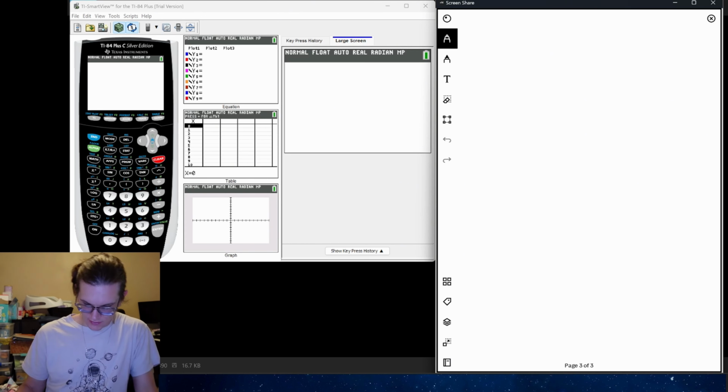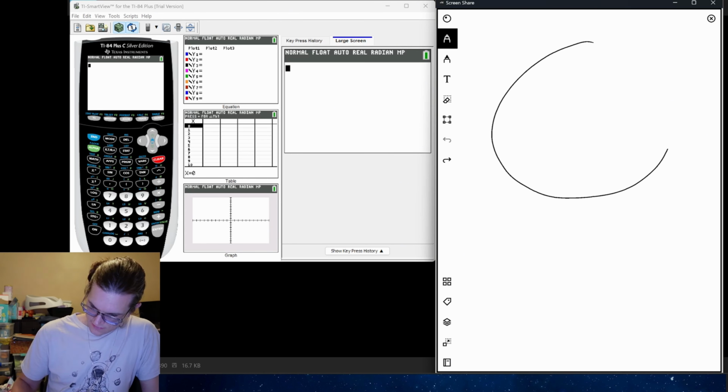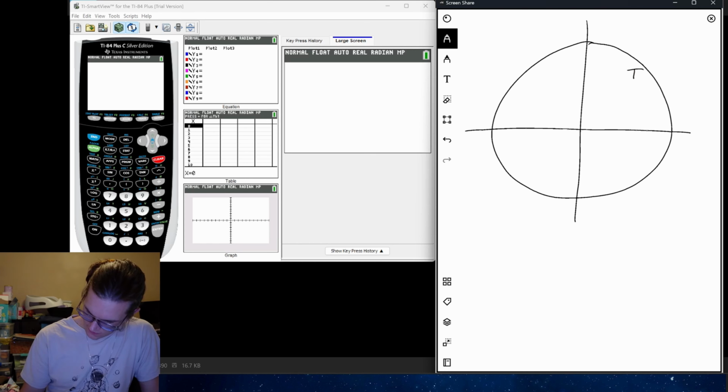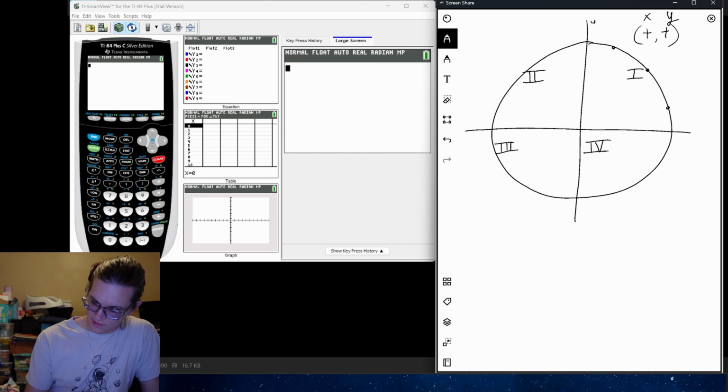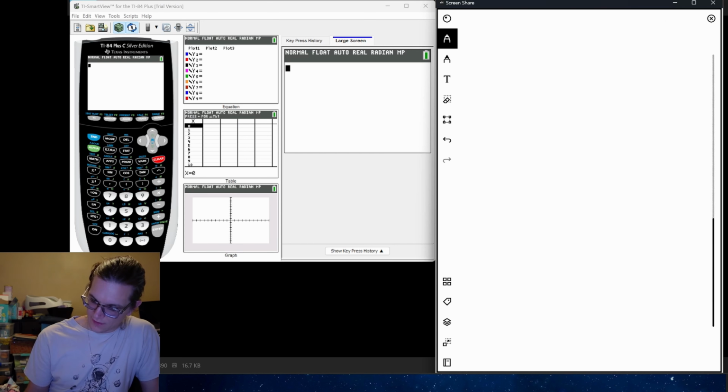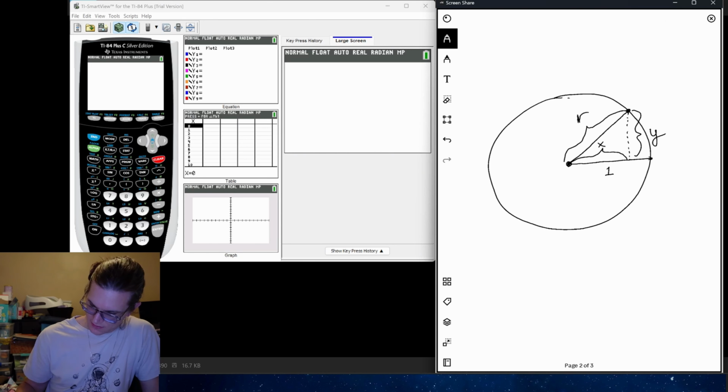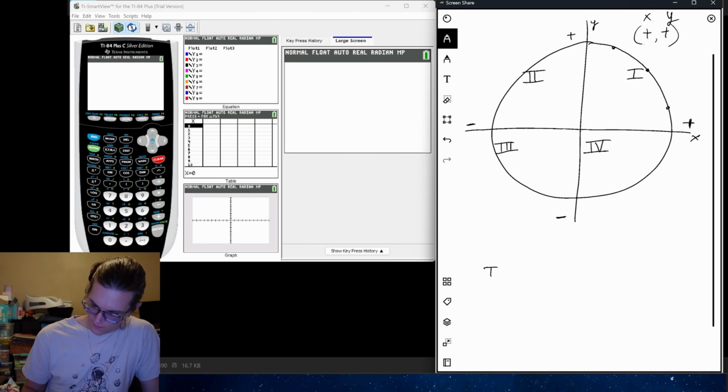Reference angles. You may have heard of these quadrants going counterclockwise. We count out 1, 2, 3, 4. As we discussed in a previous video, the coordinates on the circle are plus, plus for the x and y, which makes sense because this is the y, this is the x, this is negative, this is positive. Everything in quadrant 1 is positive, positive, the x and the y.